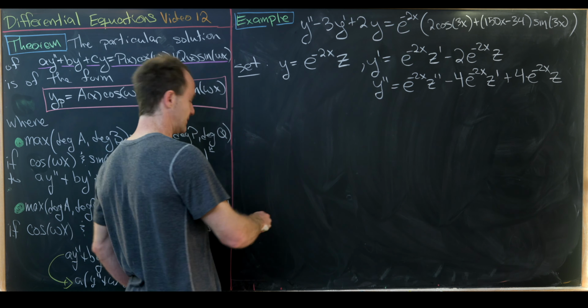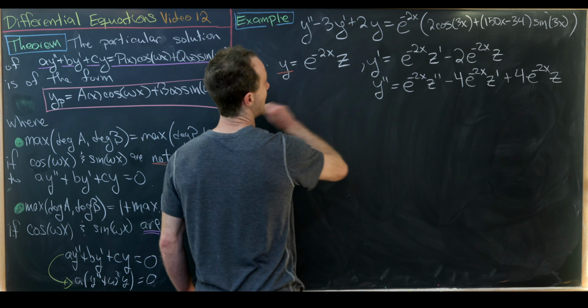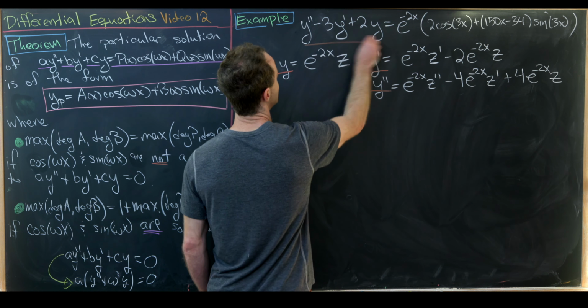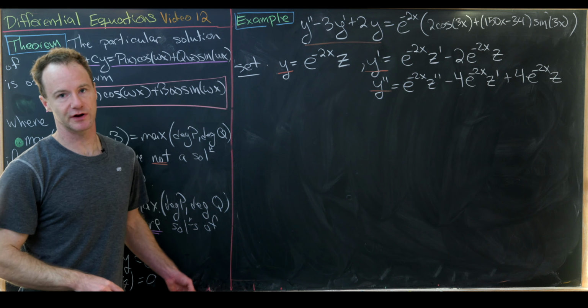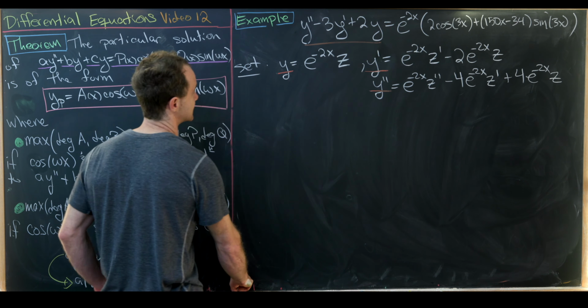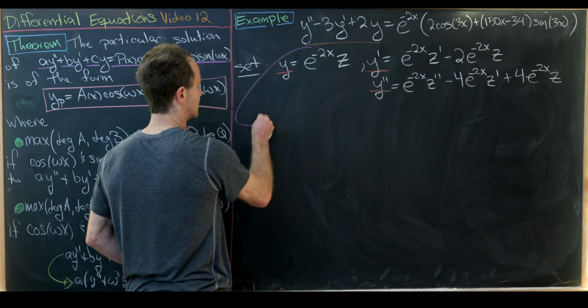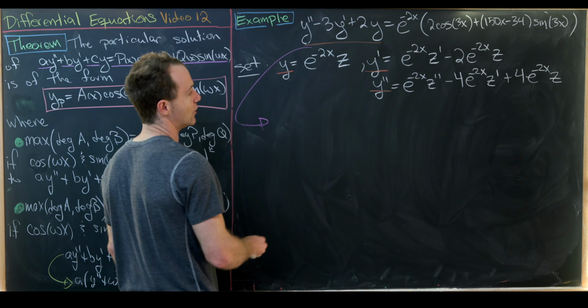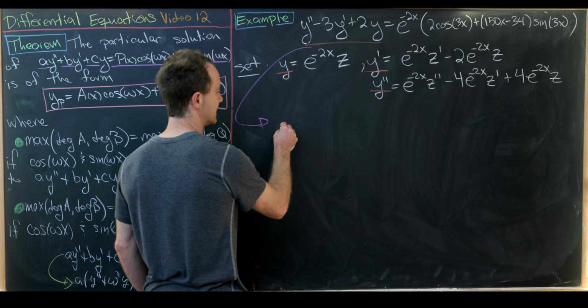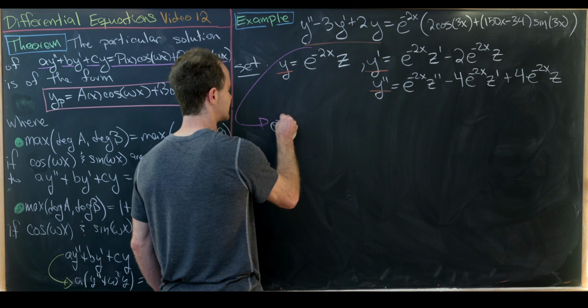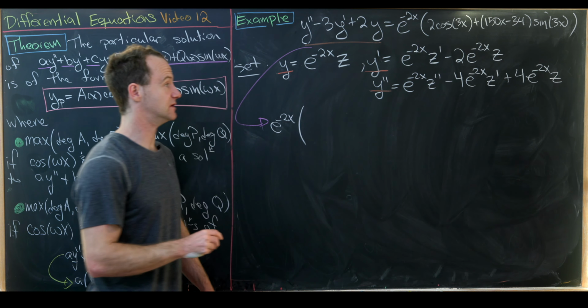Okay, so now if we plug all of these, so y, y prime, y double prime, into the original differential operator on the left-hand side, let's see what this transforms into. So we'll have y double prime, which is this bit. Actually, we can factor e to the minus 2x out of the whole thing, so let's do that.